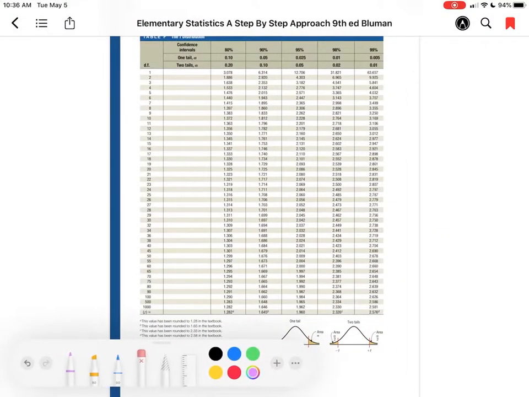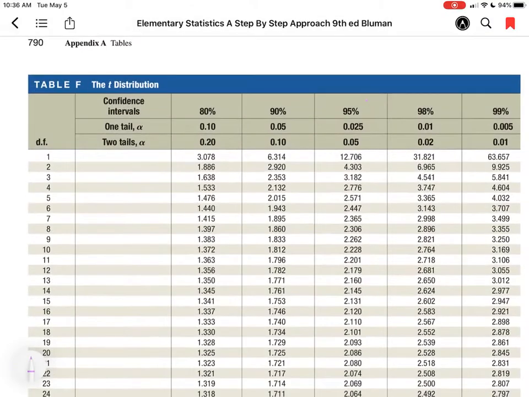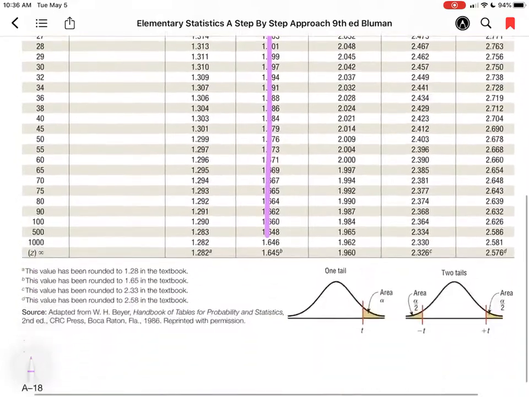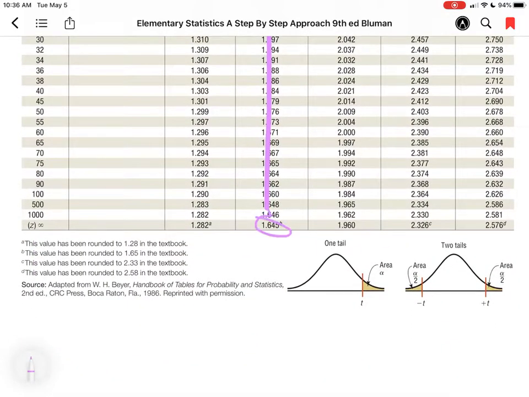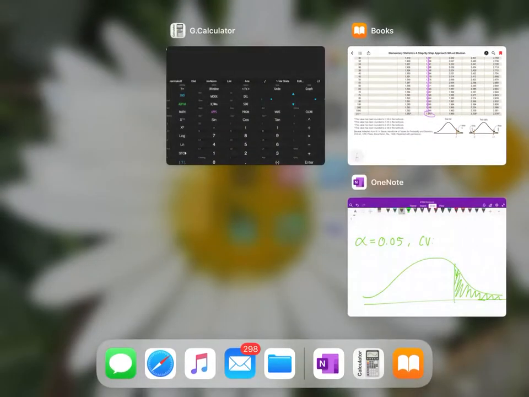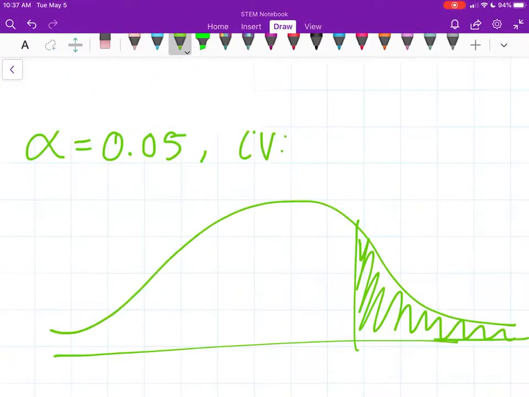Alpha equals 0.05, one tail test, all the way to the bottom, because we're dealing with z here, not t. So we get 1.645. It's positive, because it is on the right side. 1.645.